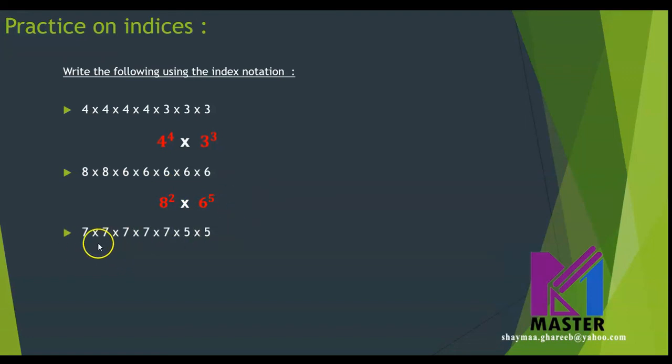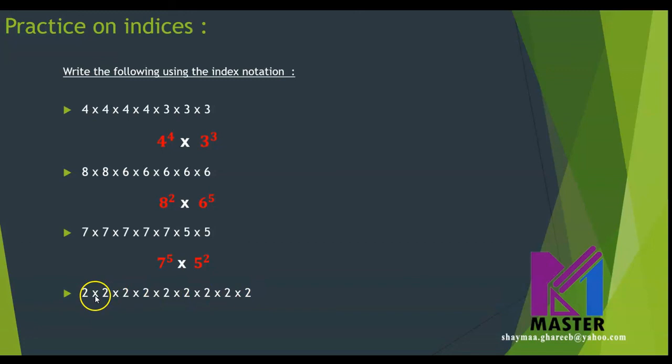Look at this one. It's very easy. Let's do it. 7 multiplied by itself 5 times, and 5 multiplied by itself 2 times, and all of them are multiplied by each other. So it will be 7 to the power of 5 times 5 to the power of 2.